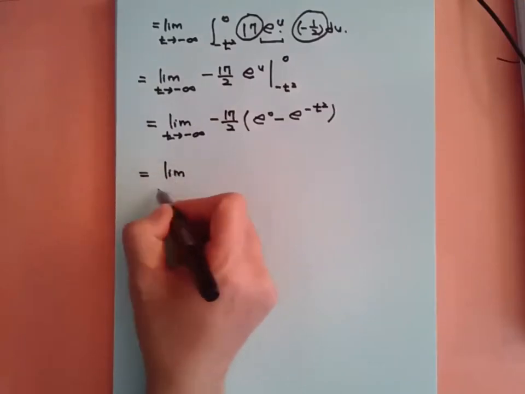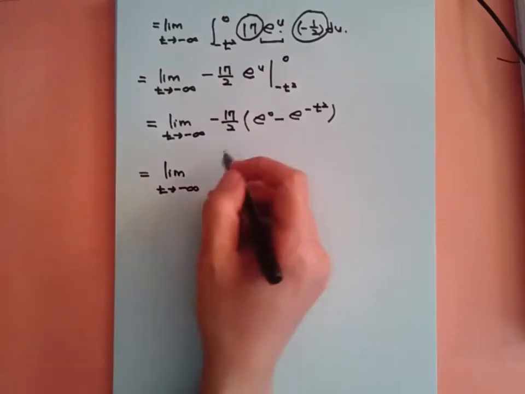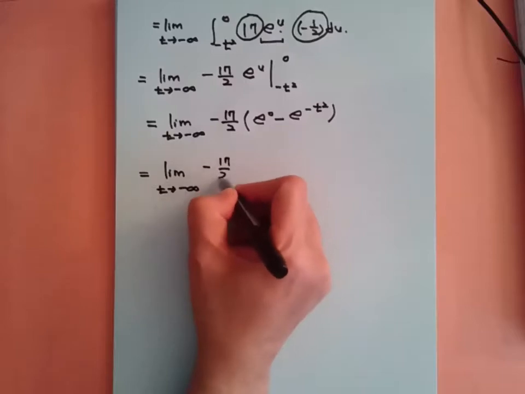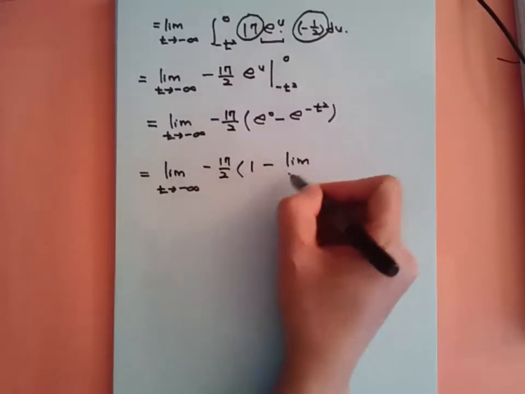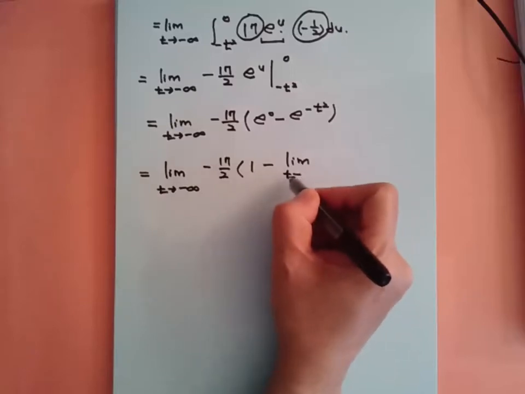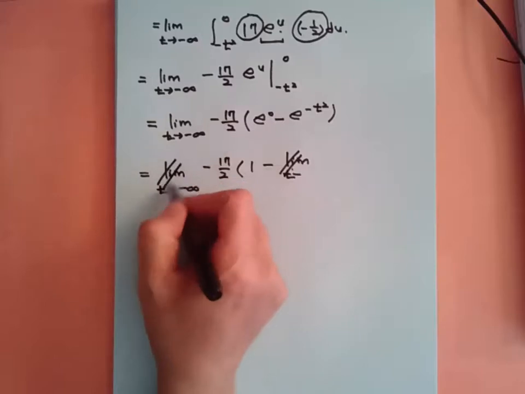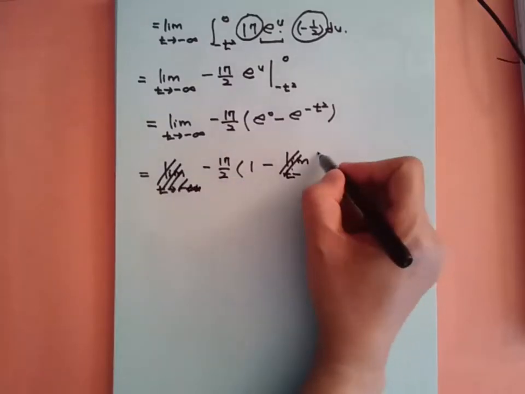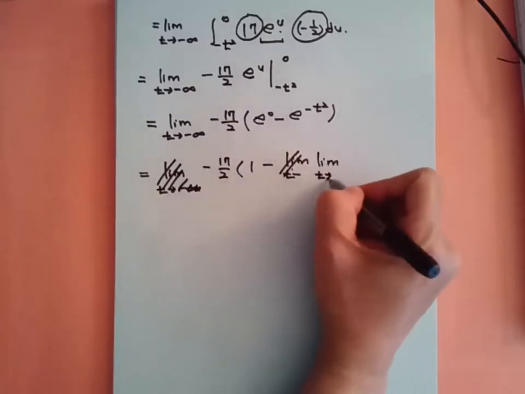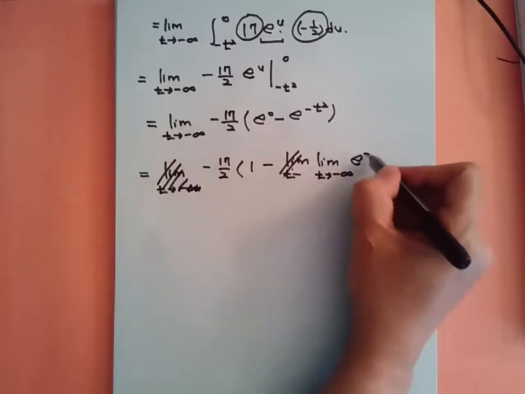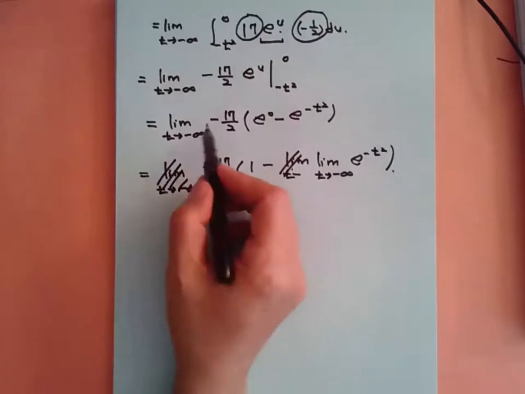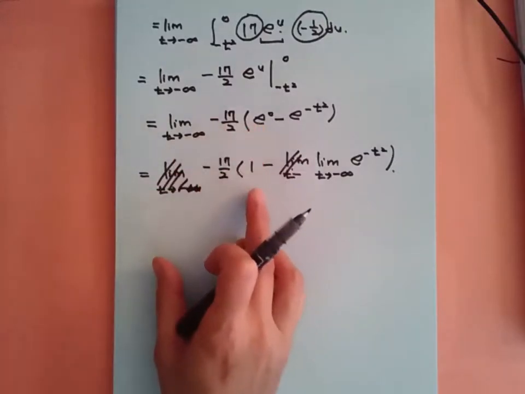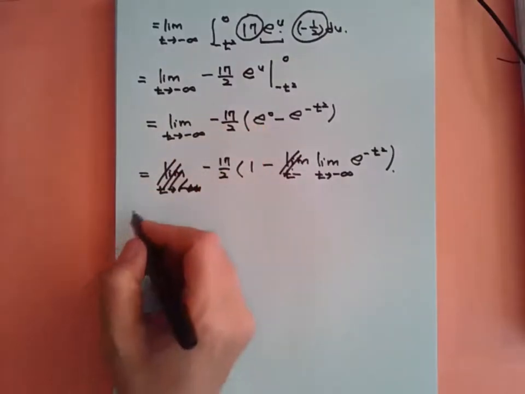So the limit as t goes to negative infinity of minus 17 over 2, and e to the 0 is 1, minus the limit as t goes to minus infinity of e to the minus t squared. We just split the limit, but the first one was a number, so we don't have to put the limit.